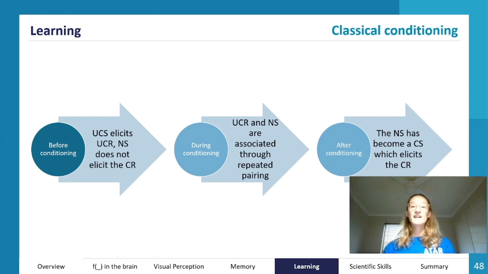So during conditioning, the idea is that the unconditioned response, the natural response of drooling, and our neutral stimulus, our bell, which doesn't mean anything at first, are associated through repeated pairing.